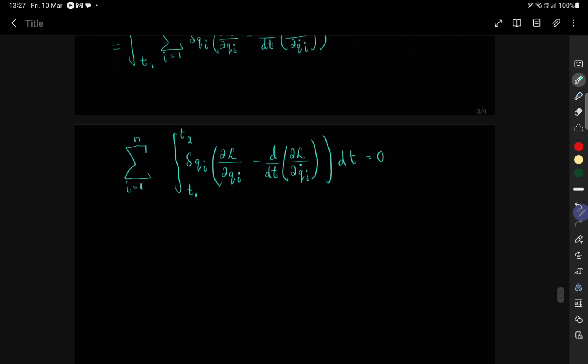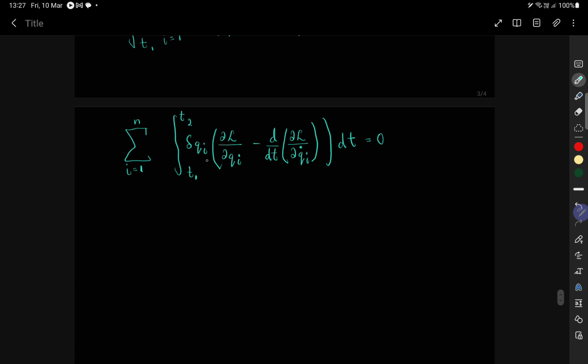So now delta qi is always arbitrary, and it's a variation, so it always has to be positive. So the only way this integral itself can be zero is if all these subsequent terms were 0.